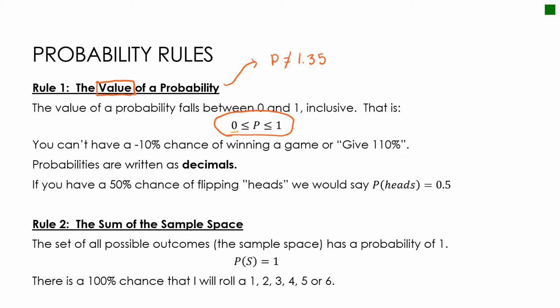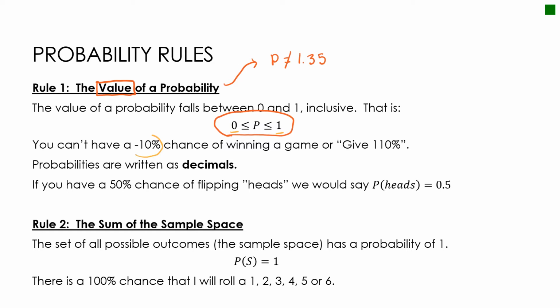A probability of 0 means that the event will certainly not happen. I can have a probability of 1, which means it's 100% certain that the event will happen, and then it can be anything in between there.